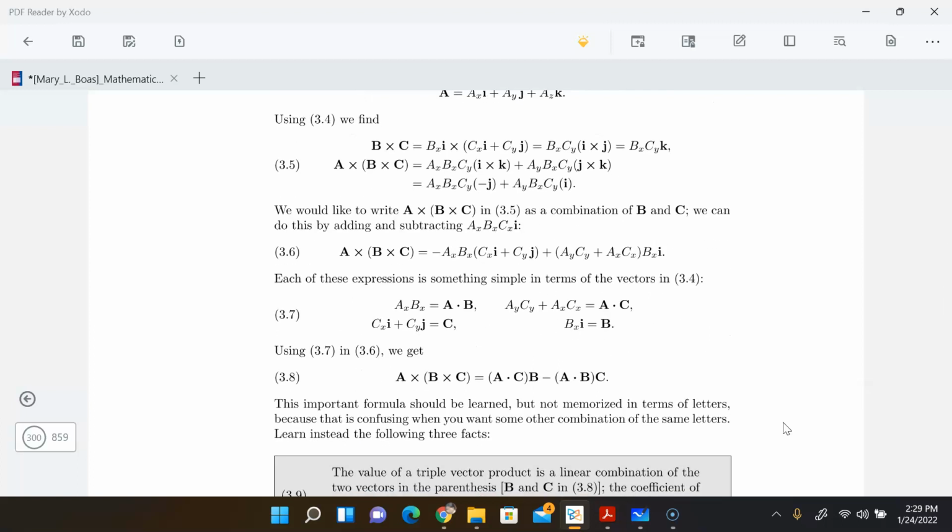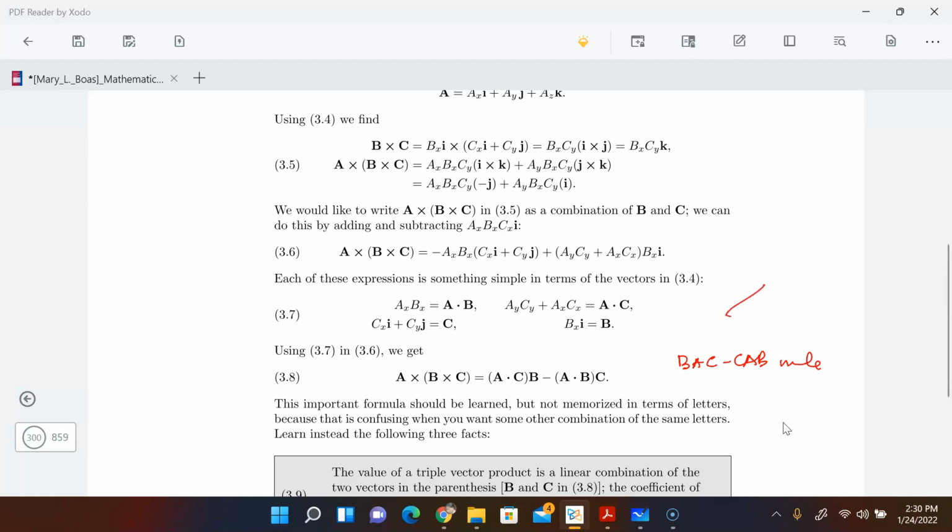Well, again, this gives you the BAC-CAB rule, so I'm not going to do this again. But one of the things that requires a little bit of imagination is the fact that, when you do this, remember the parallelepiped thing.